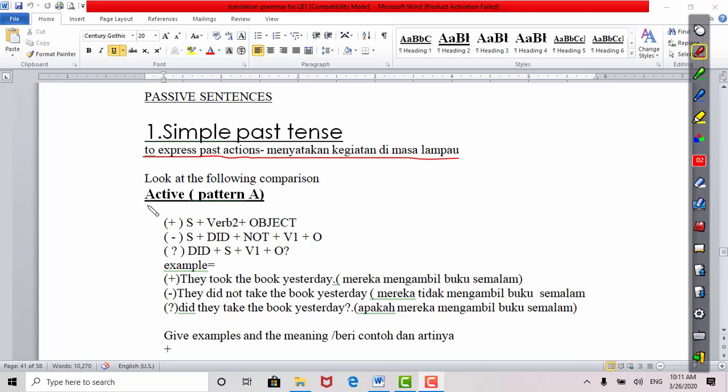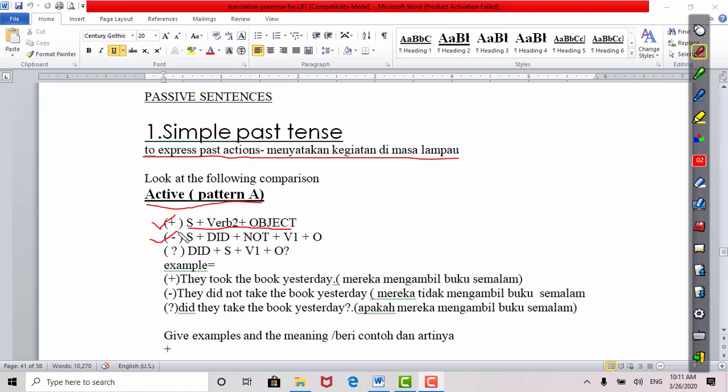Look at this. Active pattern, pattern A. The first pattern, positive, is subject plus verb 2 plus object. Alright, this is active pattern.